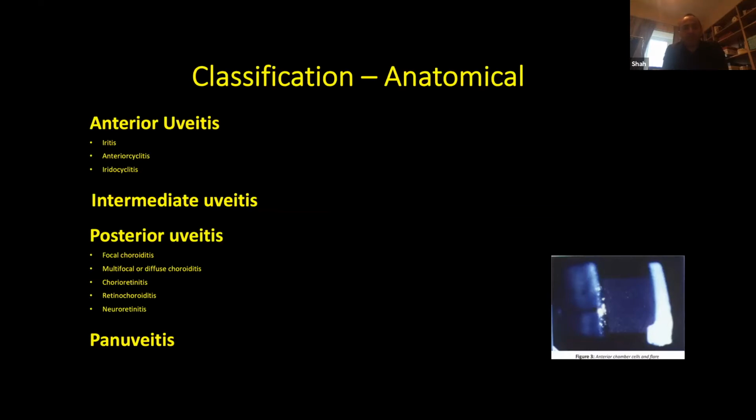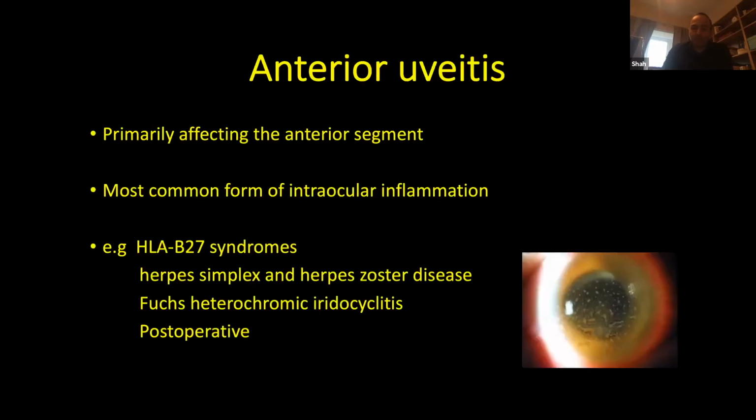And posterior uveitis, so that's anything in the back of the eye, including choroid or chorioretinitis or retinochoroiditis. It just depends where the inflammation starts, but it can affect the choroid, retina, or both together. And neuroretinitis, where the optic nerve is also involved.